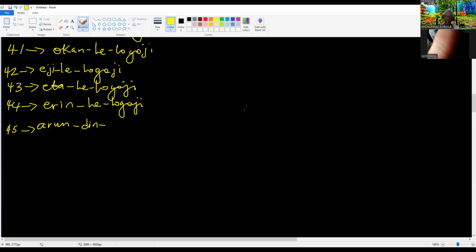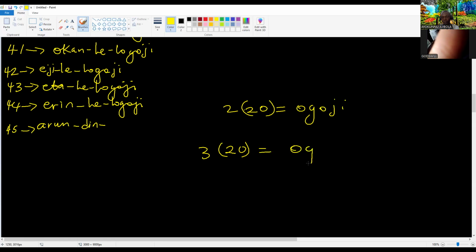Now, I will say 20 in two places is ogoji, okay? Yes, sir. Then 20 in three places is ogota, that is ogumeta, okay? That's 60 and this is 40. Is that clear? Yes. Between 40 and 60 is what? 50, right? Yes, sir. Now, that 50 is 10 away from 60, yes or no?